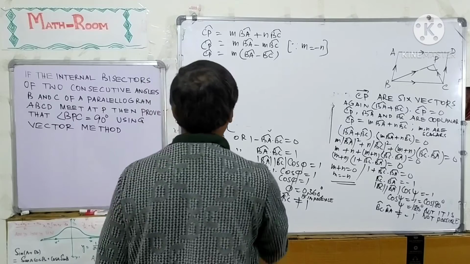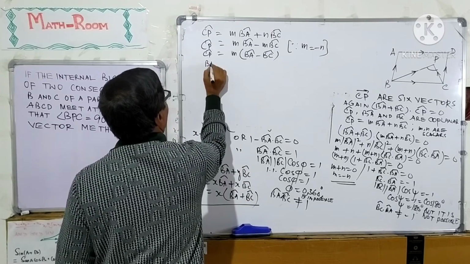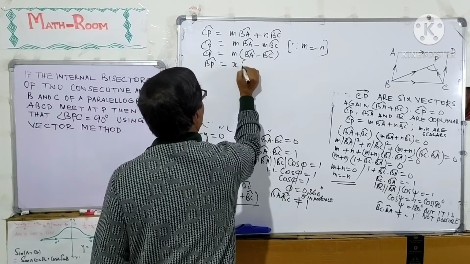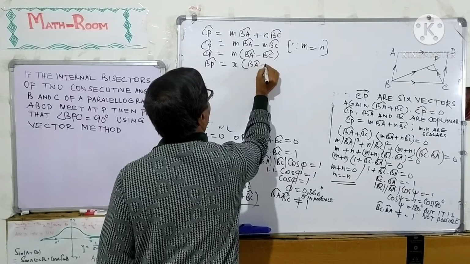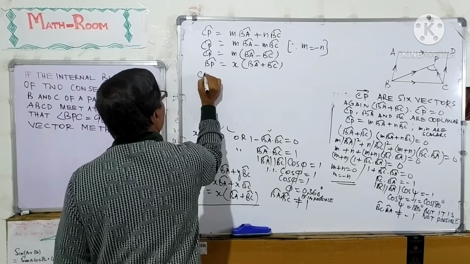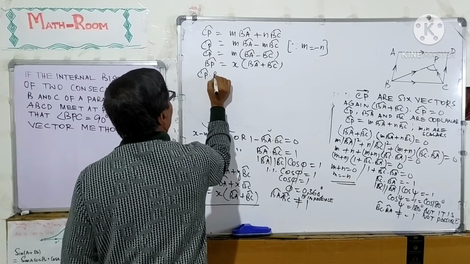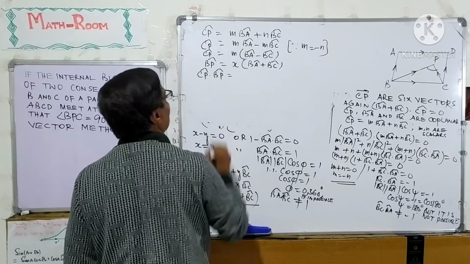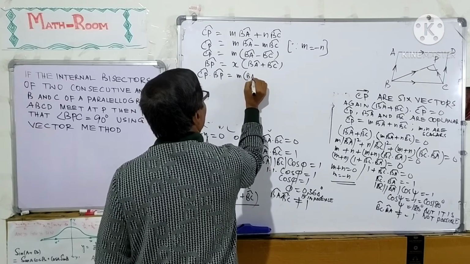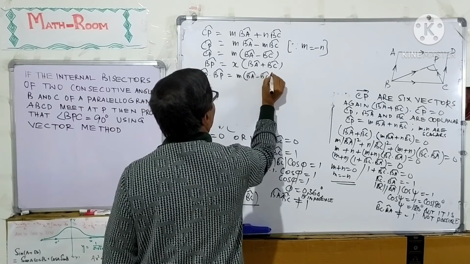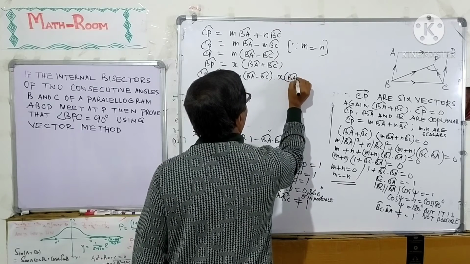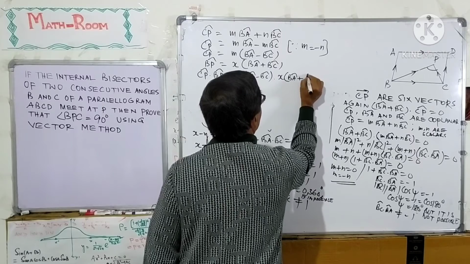We have already got BP cap equal to X into BA cap plus BC cap. So, the dot product of CP cap and BP cap equal to M BA cap minus BC cap dot X into BA cap plus BC cap.